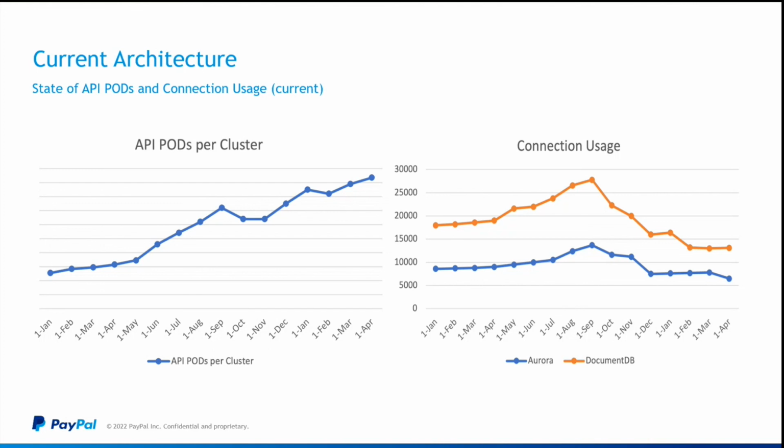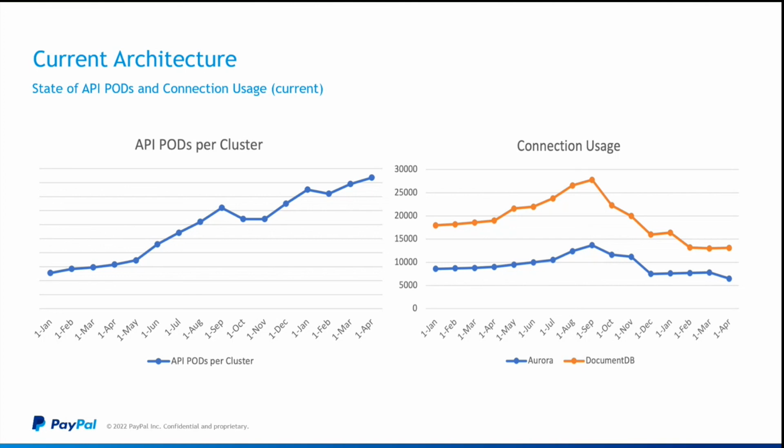During the September-October timeframe, where we had the bug causing an extra amount of traffic, that's when we almost hit closer to the maximum number of connections on both Aurora and DocumentDB. As we worked and fixed that bug, we had a gradual decrease of connections and the number of pods.